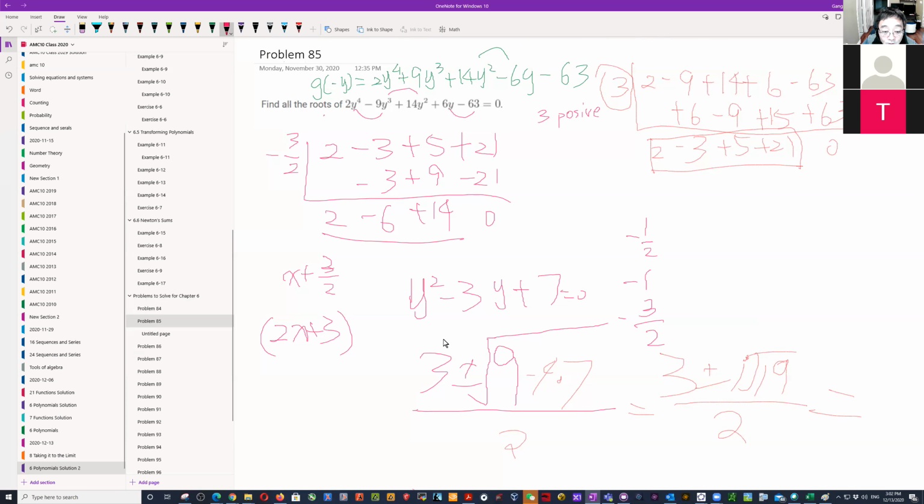We will get, let's say, g of negative y equals 2y to the 4th plus 9y cubed plus 14y minus 6y minus 63 equal to 0. So it will have 6 positive and 1 negative.